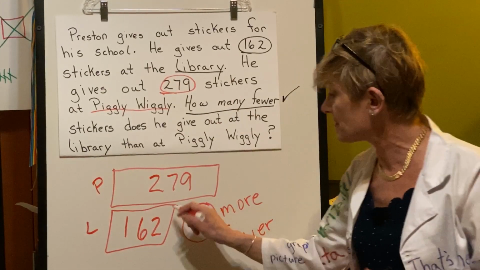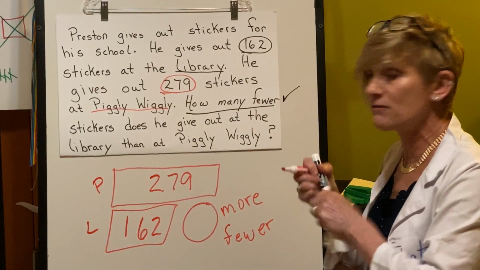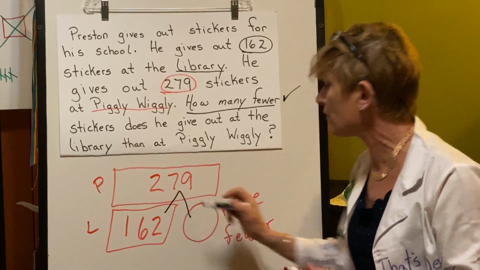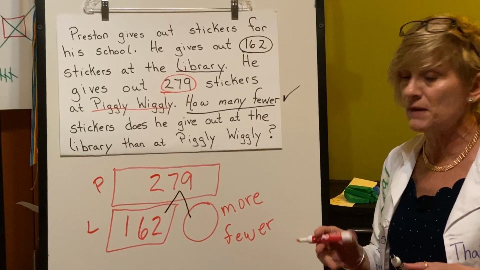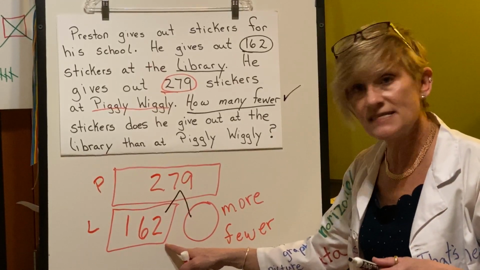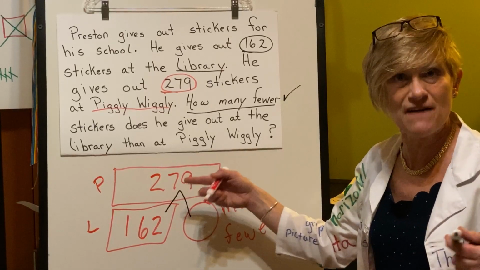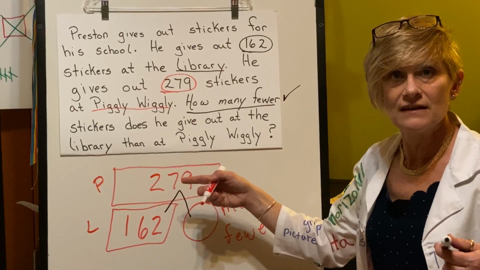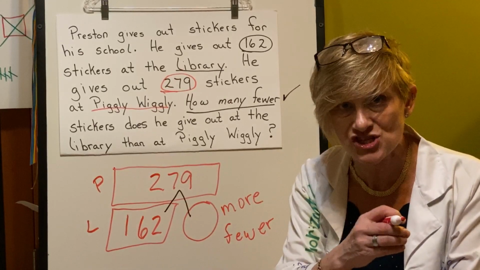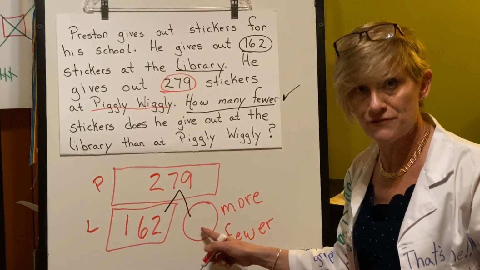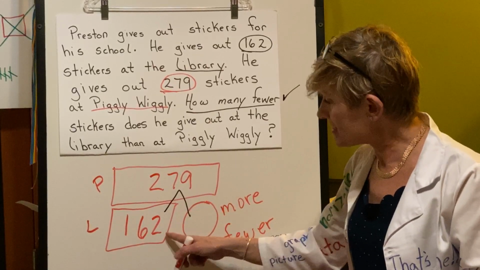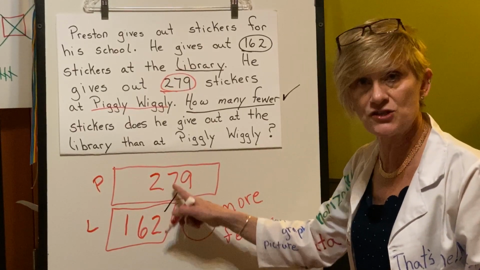Again, I can do lots of things, friends. I'm going to do my math mountain inside my comparison bar. We've seen this in the classroom before. It tells me I could add on to this number to get to that and find the fewer. I could also use this number and do a subtraction to find the fewer because this number is greater. This number has 162 in it.